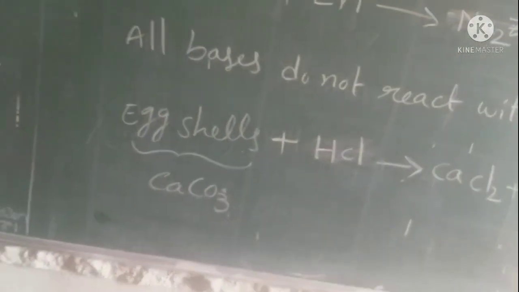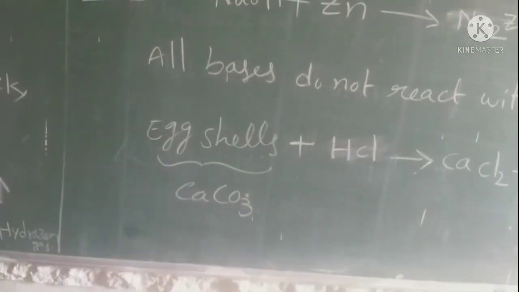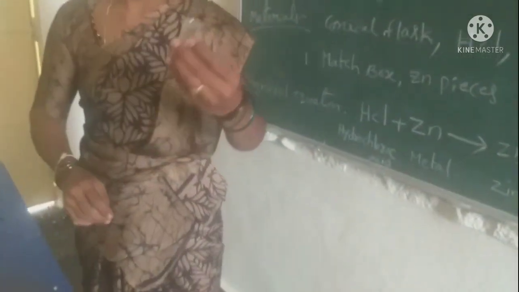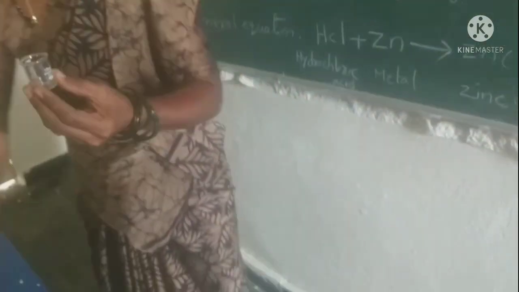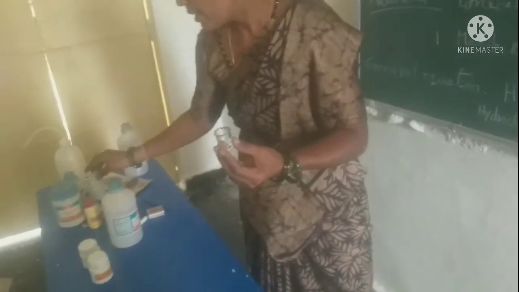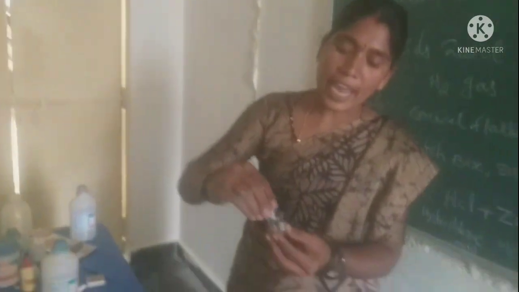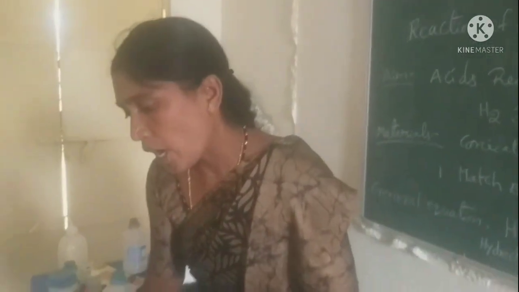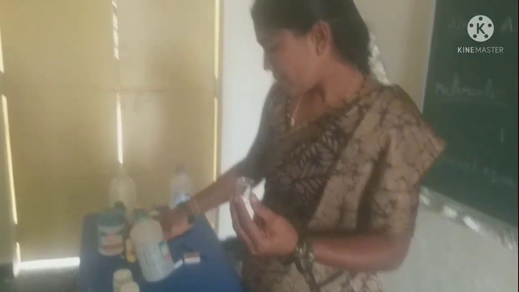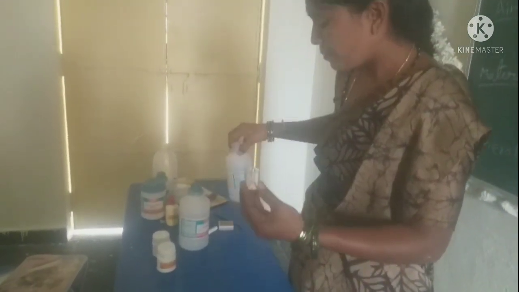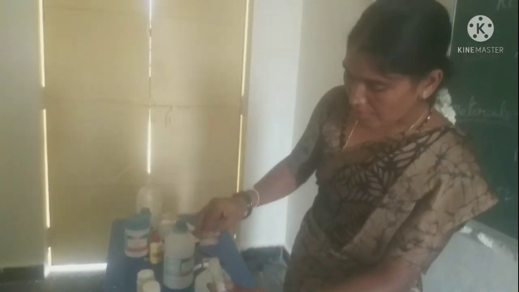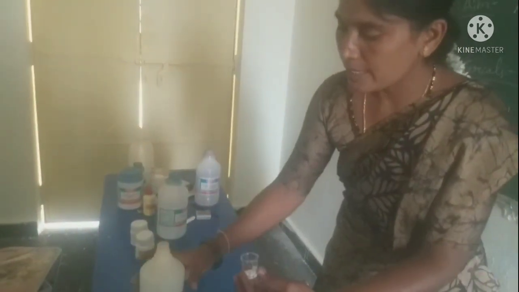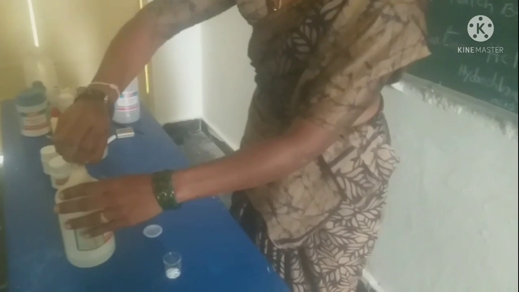This is the general formula. Egg shells are calcium carbonate. Take a beaker and add the calcium carbonate and react with hydrochloric acid.